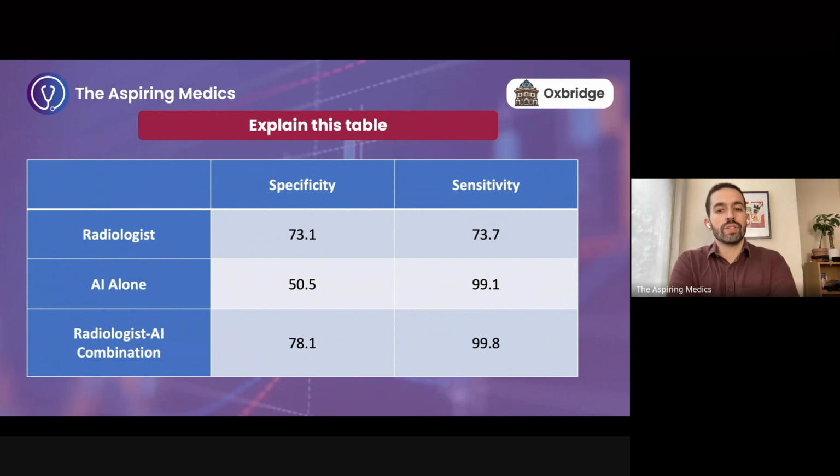Fantastic. So if you were to design a method, it's always a trade-off, and of course you'd want to optimize both, but would you rather have a system in which the investigation has 50% specificity and 100% sensitivity, or would you rather it have 100% specificity and 50% sensitivity? Which of those two would you rather have?